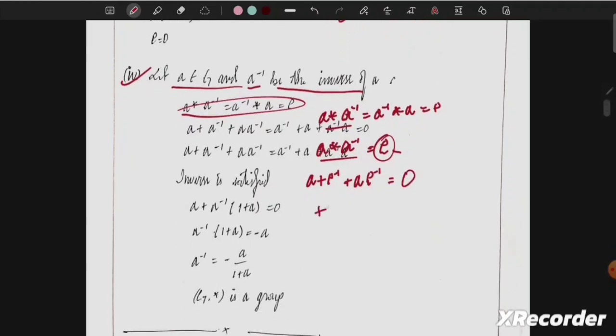And if we take A inverse common outside, 1 plus A will be left.